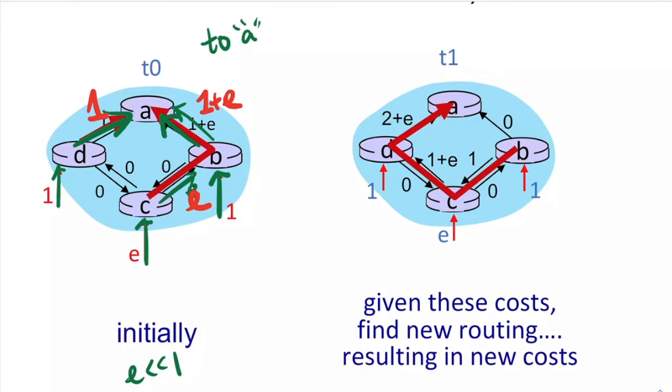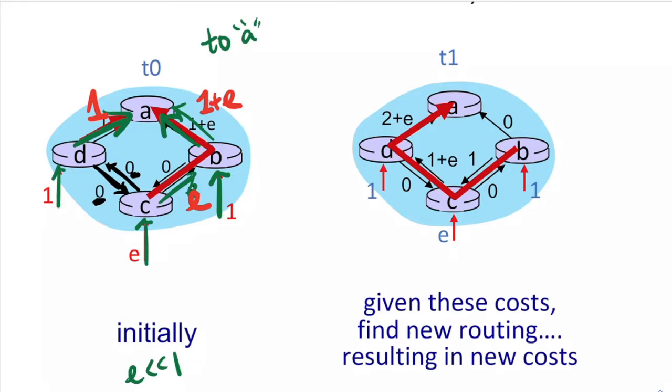You have to notice that in this specific graph, the links are bidirectional, so the cost is bidirectional. I should say that the link is bidirectional, but when we calculate the cost on this link, it is unidirectional.